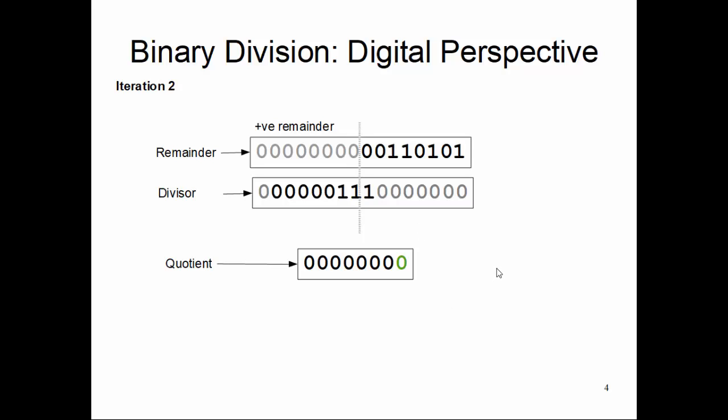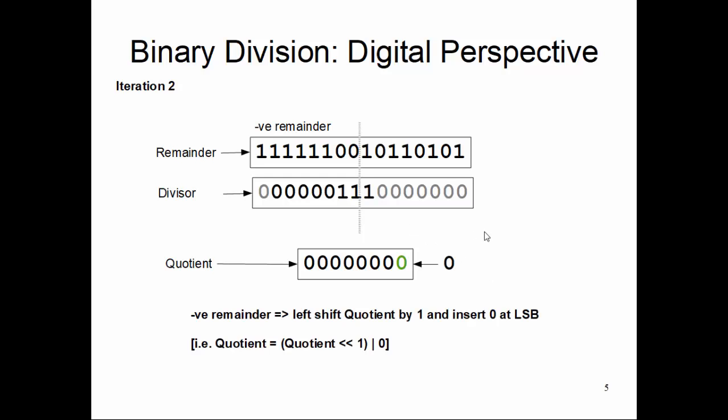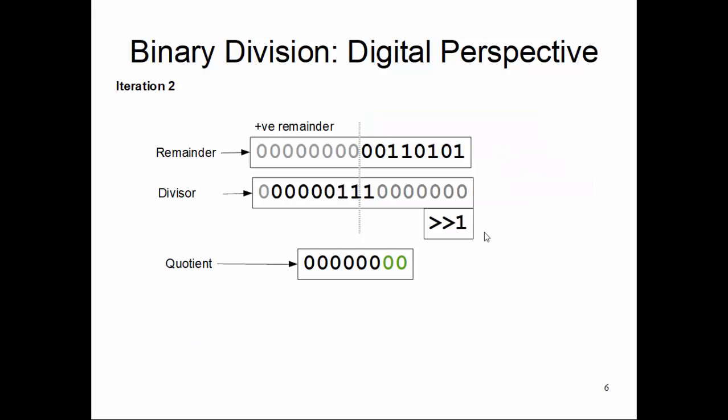We subtract the divisor register from the remainder register and check the sign of the remainder value. It's of course negative, so we left shift the quotient register by 1 bit, insert a 0, roll back the remainder, and right shift the divisor.